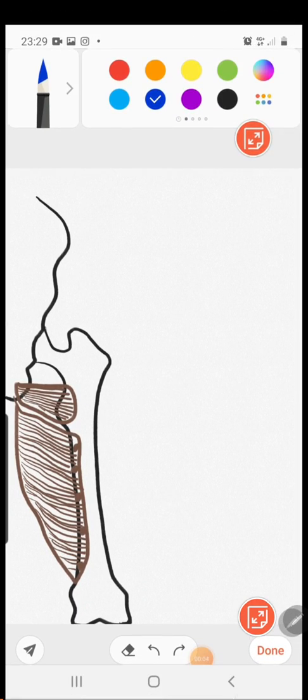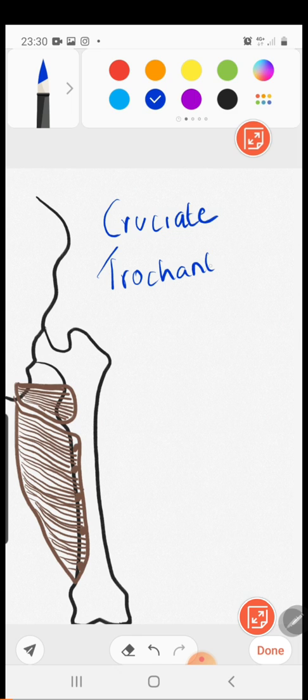In this presentation, I'm going to tell you about the three important anastomoses of the lower limb: cruciate anastomosis, trochanteric anastomosis, and spinous anastomosis. What do you think is the purpose of these anastomoses?